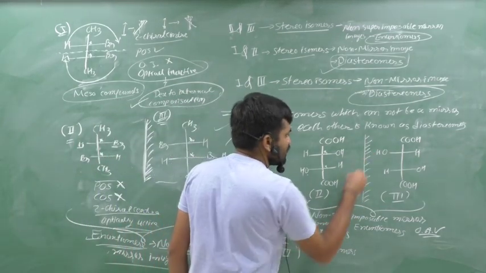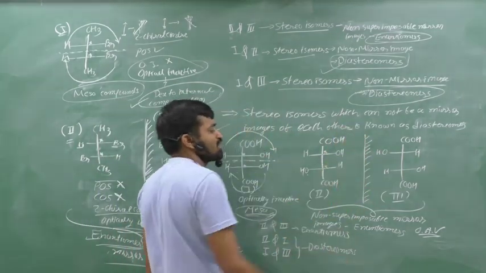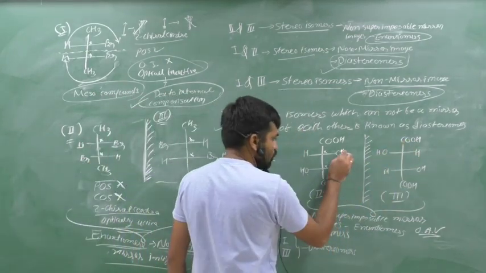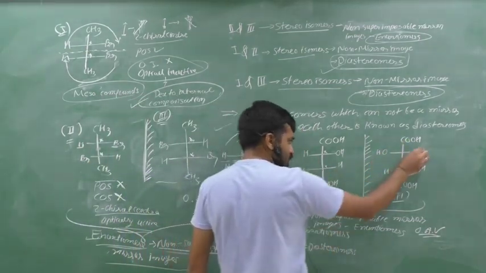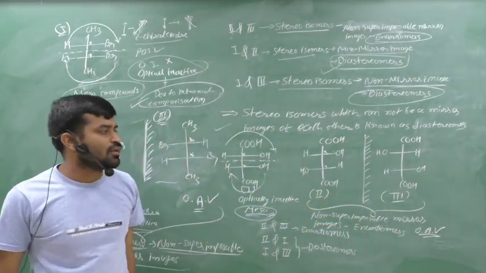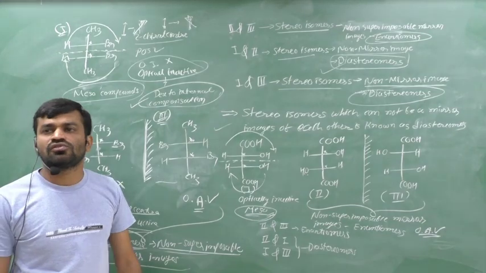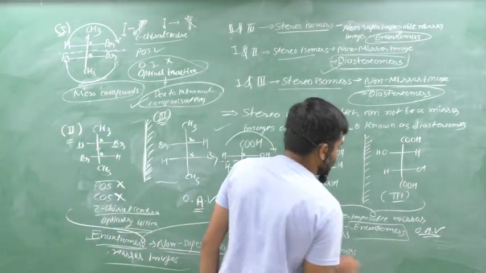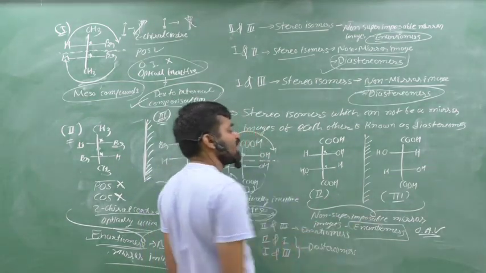If a molecule is optically active, we can draw its mirror image because it can have an enantiomer. That is COOH, OH, OH, HOH. It is a mirror image of this compound, and these mirror images are non-superimposable on each other. Therefore, it is a pair of enantiomers and both are optically active.